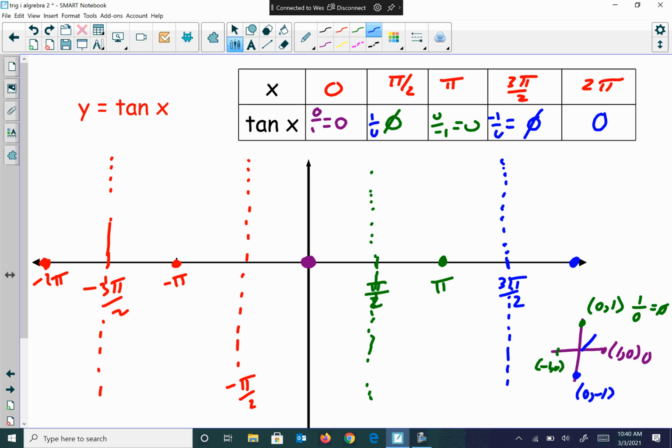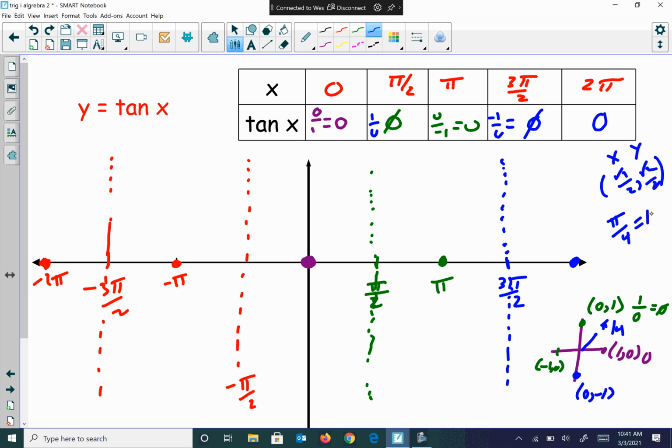But I know that 45 degrees or pi fourths is the point root 2 over 2, comma, root 2 over 2. So if I did y over x, I'd get root 2 over 2 over root 2 over 2, which means at pi fourths, we're at 1.